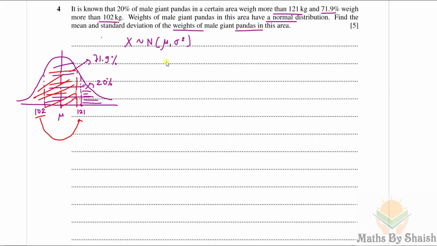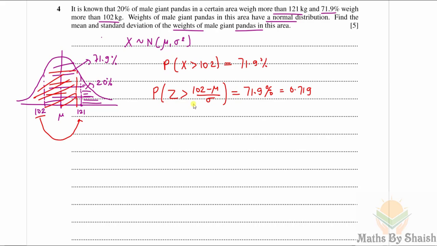It can be any value, but corresponding to this value, the area towards the left hand side would be 71.9%. So we can write these two conditions as probability of x greater than 102 is 71.9%. In the standardized form, it is going to be probability of z greater than 102 minus mu over sigma, and this is going to be 71.9%, or we can write 0.719.